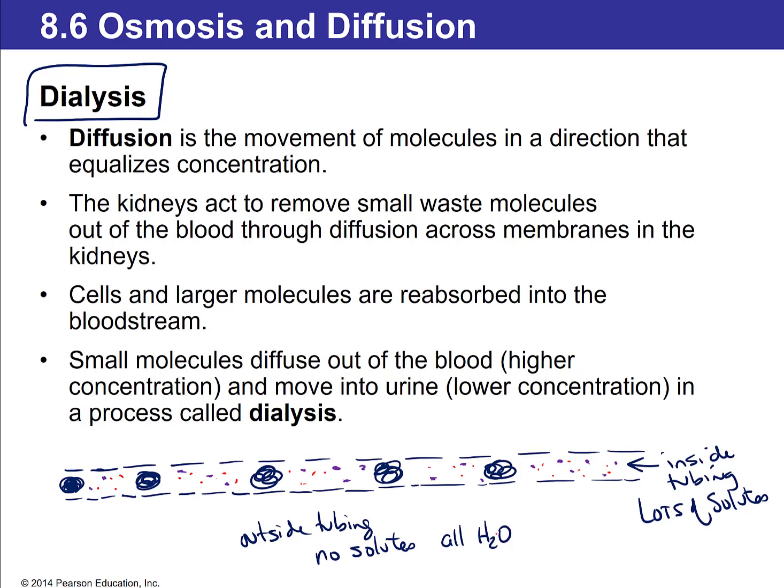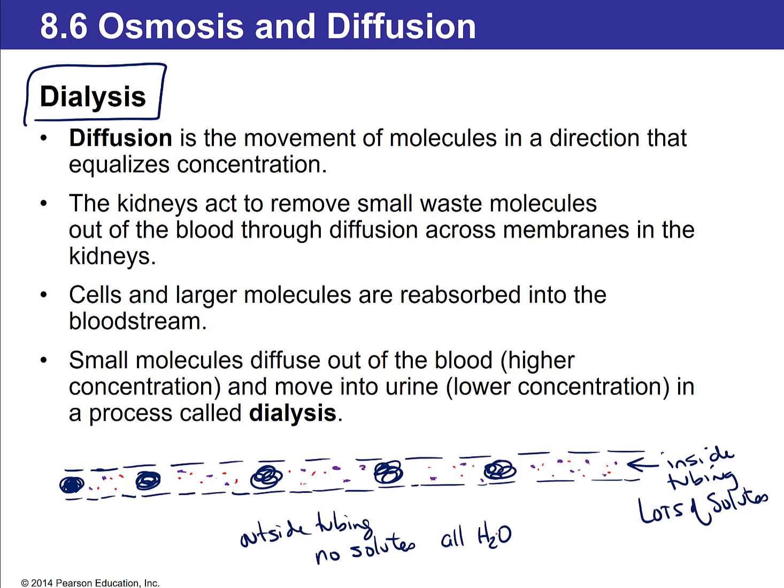And so after an hour, what did we do? We tested for what? There were three things. We tested for glucose, we tested for starch, and we tested for the littlest one. What was the littlest solute? Salt.